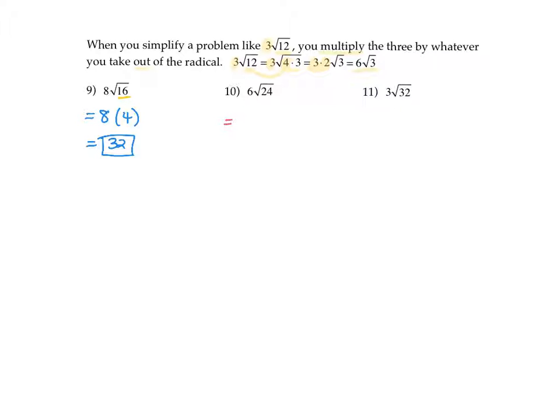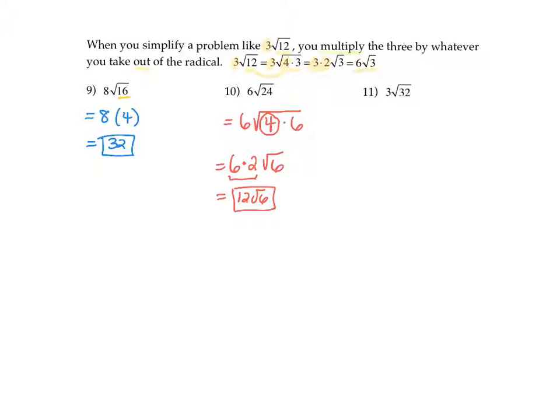So we're going to rewrite this as 6 times the square root of 4 times 6. Because 4 is the biggest perfect square that divides into 24. Okay, so remember the 6 out in front gets multiplied by whatever you bring out, and the square root of 4 gives you 2, and we're left with a 6 on the inside. Final answer, take and multiply the 6 times 2, you get 12 square root of 6.